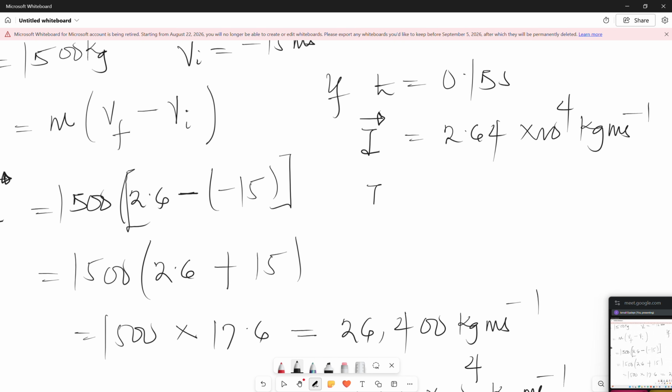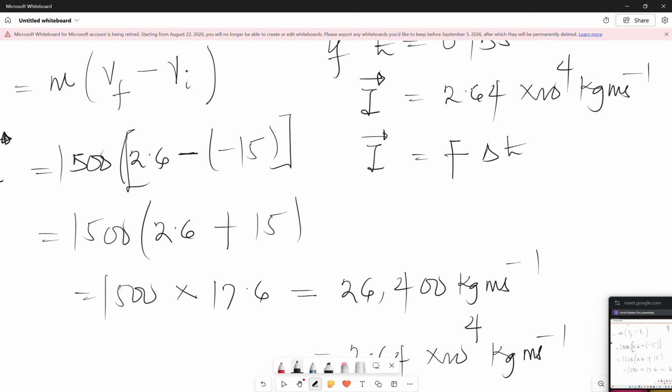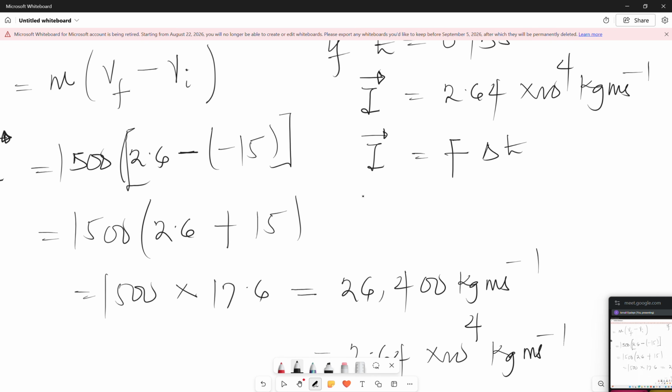So you know that your impulse is equal to force multiplied by your delta t. Since you don't have another time, you're just going to say 0.15 minus 0. So your impulse now, you have 2.64 times 10 to the power of 4 equals force times 0.15.